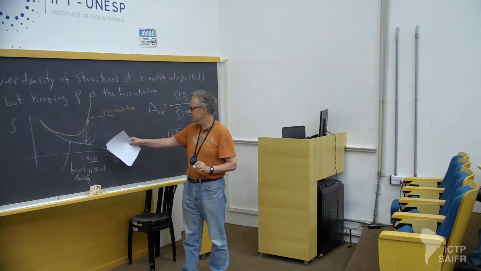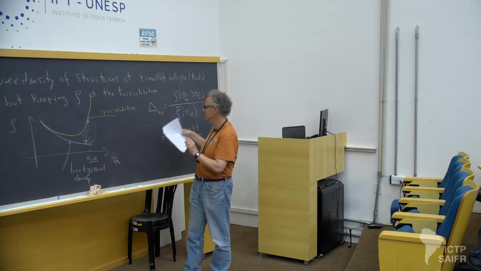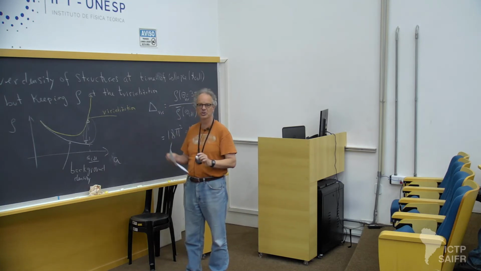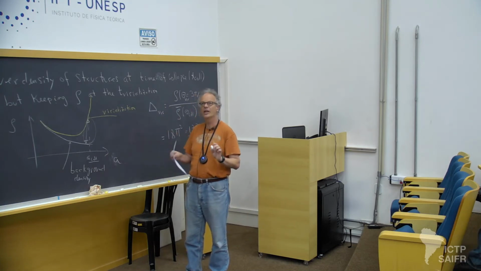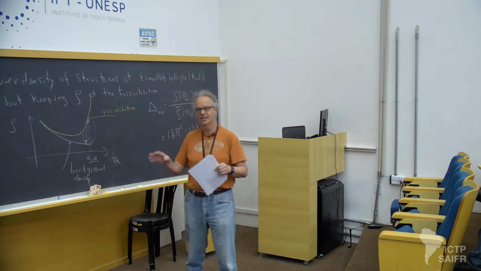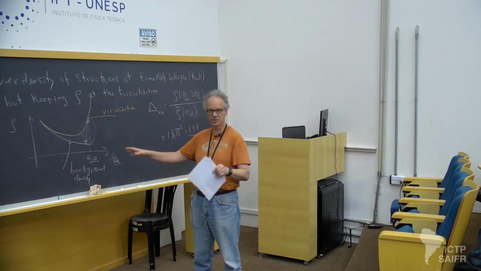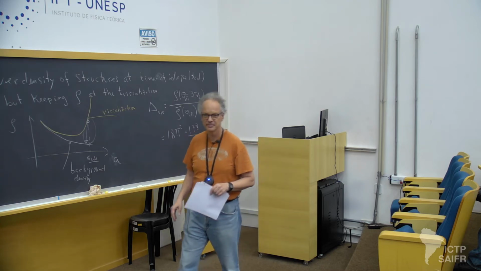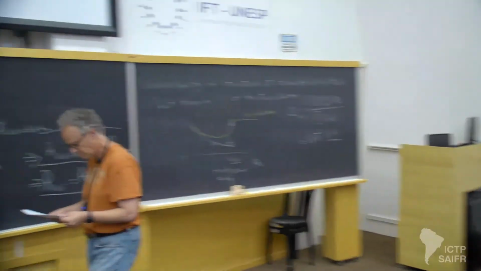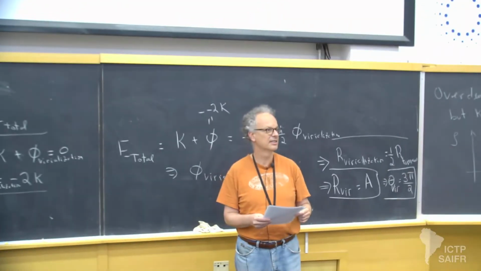This still decreases, but this is basically a figure of merit. If you tell me what is the density contrast of a halo at the time the halo was formed, 200 is the figure of merit. Okay, it doesn't change much. Yes, more questions?